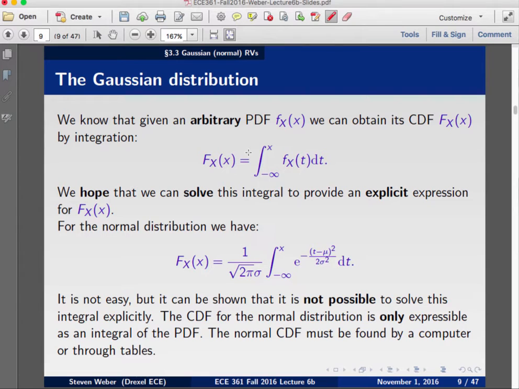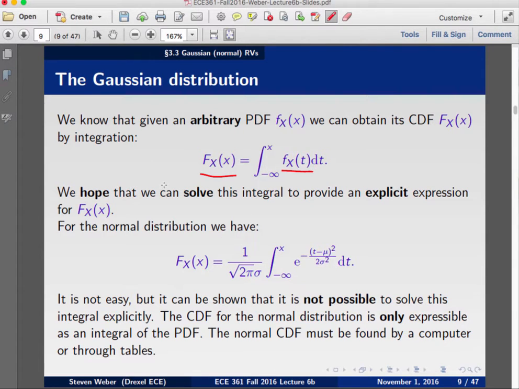In general, not just for the normal distribution, but for a continuous distribution, we know that we can always express the CDF, capital F sub x, in terms of the PDF, little f sub x, by integrating the PDF over all values from -infinity up to x, where x here equals the argument of the CDF. Again, recall the interpretation that capital F sub x, the CDF, stands for the probability that the random variable X takes a value less than or equal to little x.